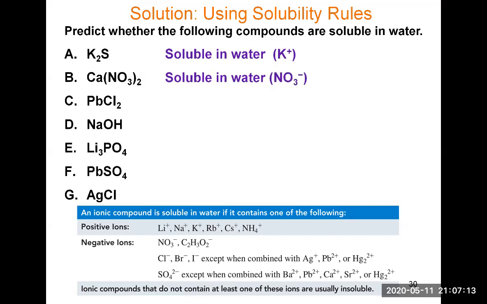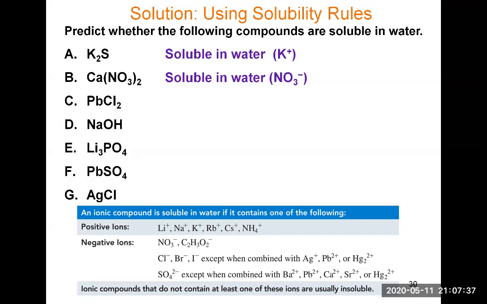So PbCl2. PbCl2 is made of lead and chloride. The chloride ion, we can see it here. It's listed among the negative ions. So an ionic compound is soluble in water if it contains the chloride.